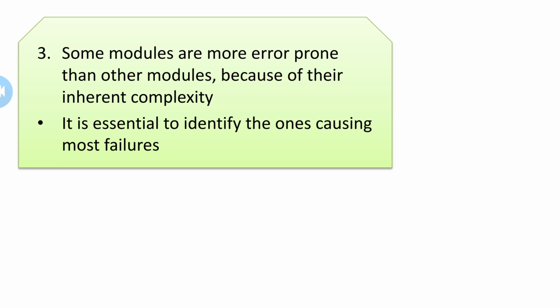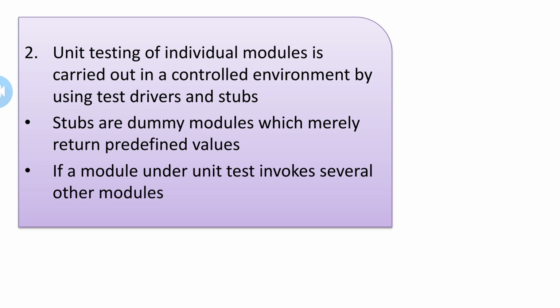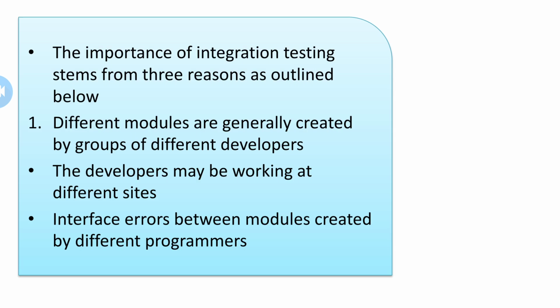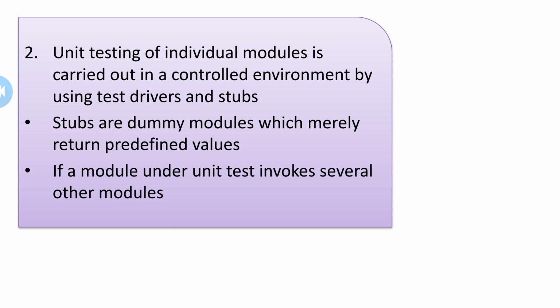Second, unit testing of individual modules is carried out in a controlled environment using test scripts and stubs. Stubs are dummy modules which merely return predefined values. Again, they are put through unit test and treated as stubs and drivers.